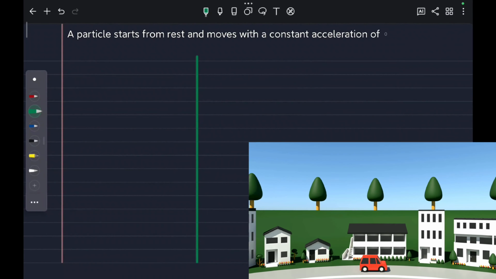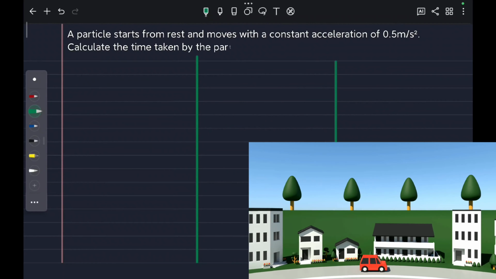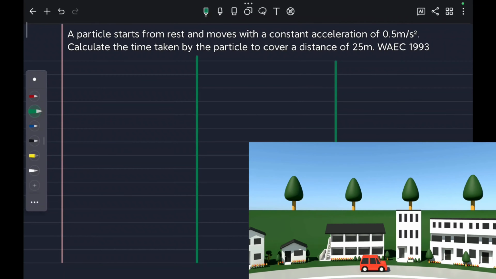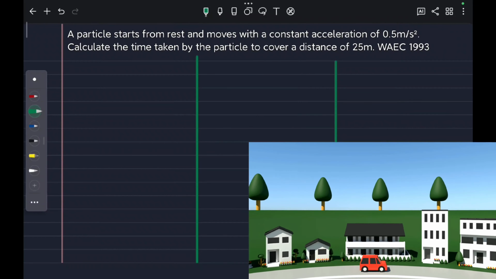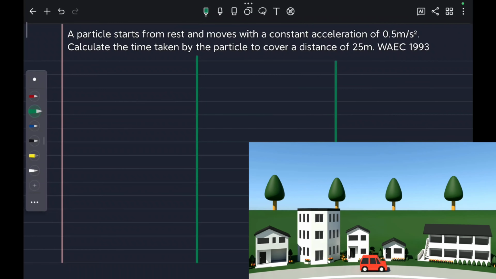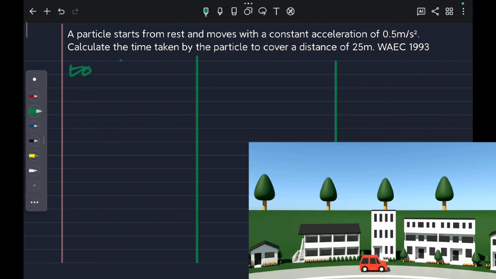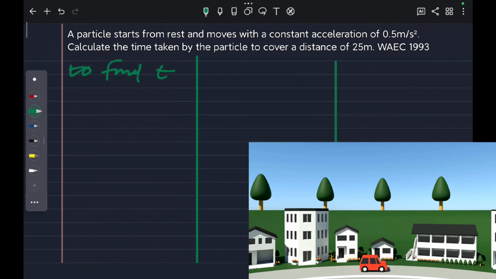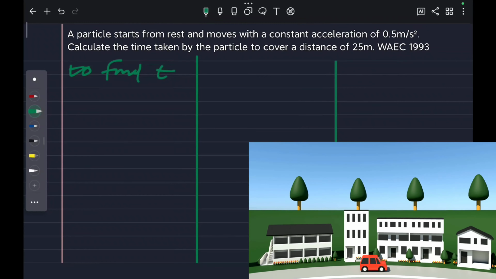Let's take a look at the next question. A particle starts from rest. Initial velocity, as usual, will be 0, with a constant acceleration of 0.5 meter per second squared. Always look at the SI unit. They will guide you in answering physics questions.